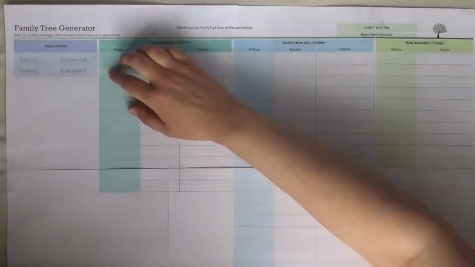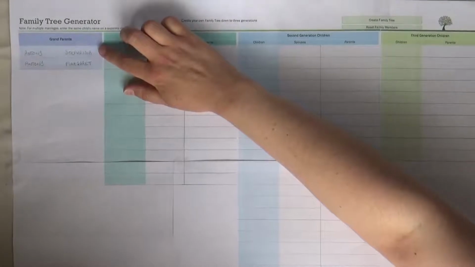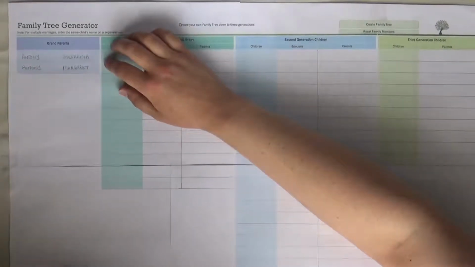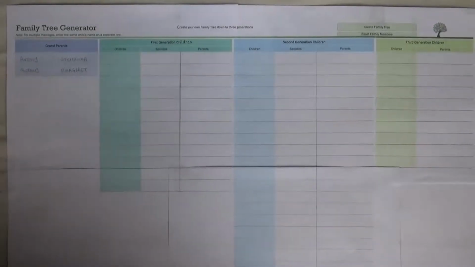Stefania passed when my mom was young, and my dad had a girlfriend for several years after she passed, and they ended up having a child together. So that's why we are including it in our family tree generator here.